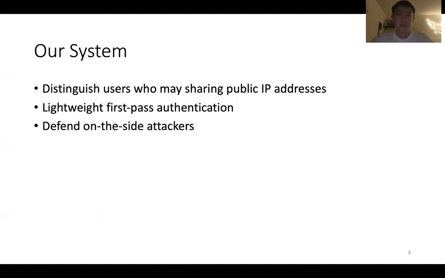Our system helps organization networks distinguish users even though they share public IP addresses with others. We provide first-pass authentication information, and the robust authentication is left to the application layer, like traditional username and password authentication. Our system is designed to defend against off-path attackers.